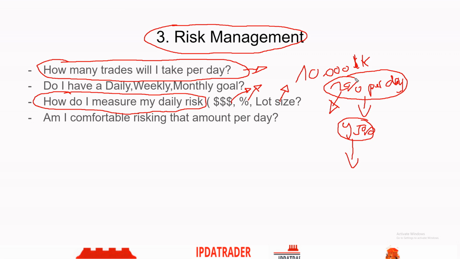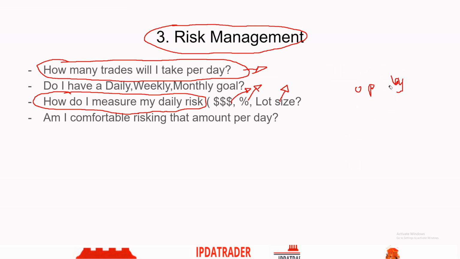Otherwise, you're going to be lacking discipline, and it's not going to work out for you. I can guarantee you that. This is the key right here. Choose a specific risk per day, whether that is in dollars, percentage, or specific lot sizes that you're going to be trading. That is completely up to you, but you definitely need a certain risk per day.